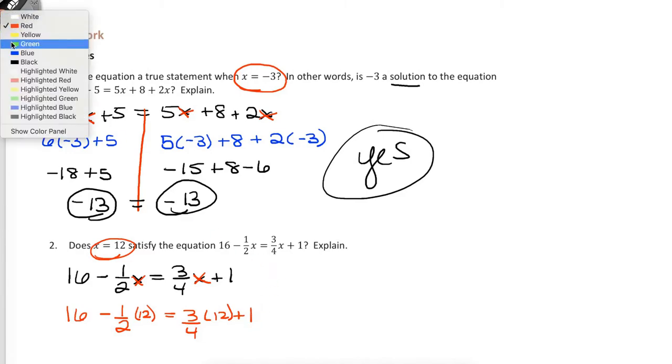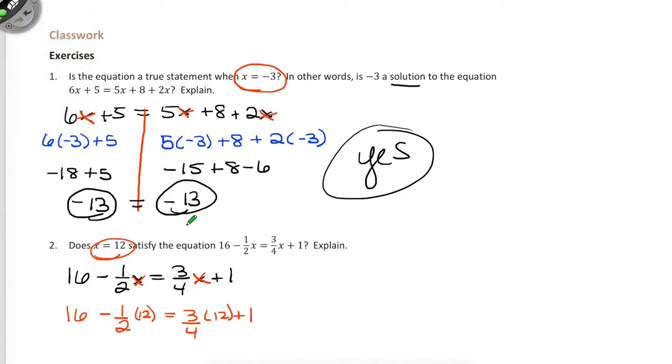Now, as you remember, I've told you this a million times, fractions just mean to divide. So I'm going to put my work over here. We have 16. We can't do anything with that yet. Minus, but over here, 2 can go into 12 6 times, and 6 times 1 gives me 6. And here as well, 4 goes into 12 3 times, and 3 times 3 gives me 9, plus 1 there.